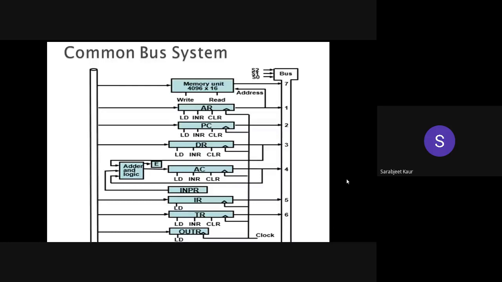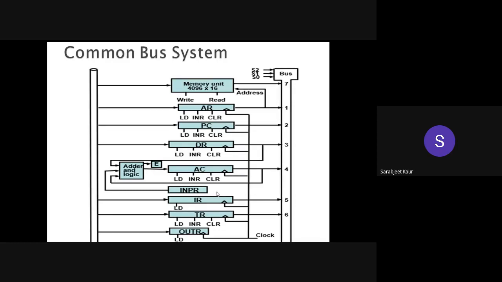Now, just one more thing before I finish the discussion of the common bus system. That is these two special registers that you see here, the input register and the output register. You can see that the input register is not connected to the bus directly.